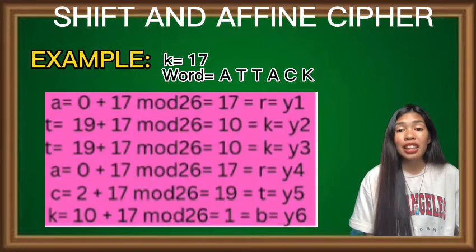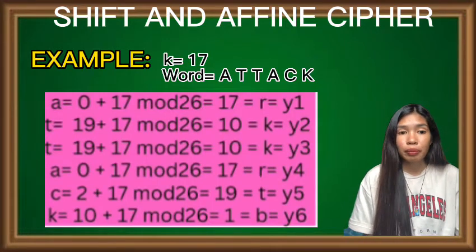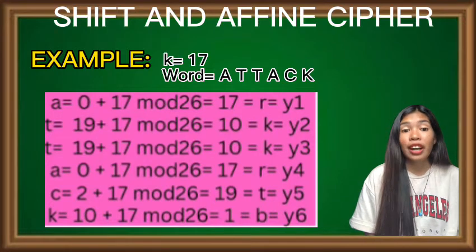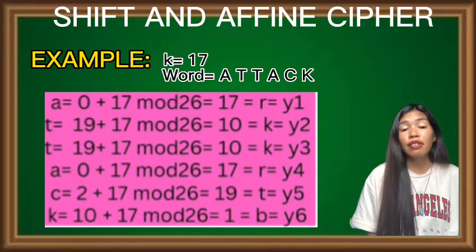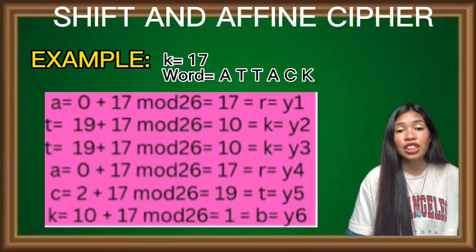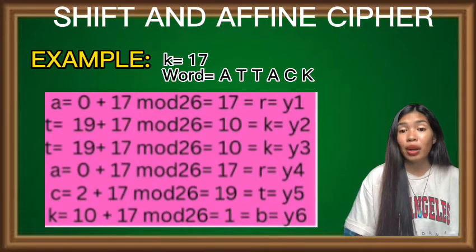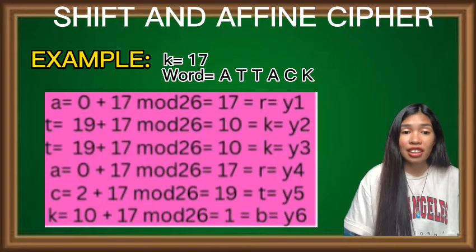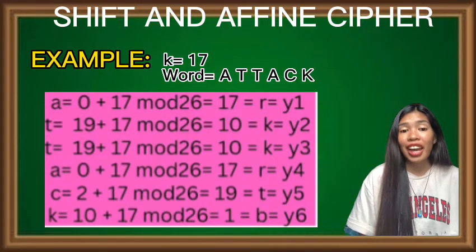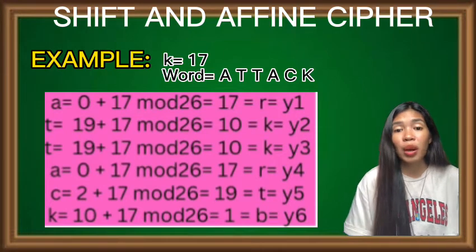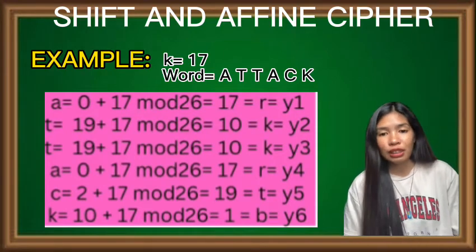So A, the very first letter, is 0. T is 19, T is again 19, A is 0, C is 2, and K is 10. I can call these x1, x2, x3, x4, x5, x6.